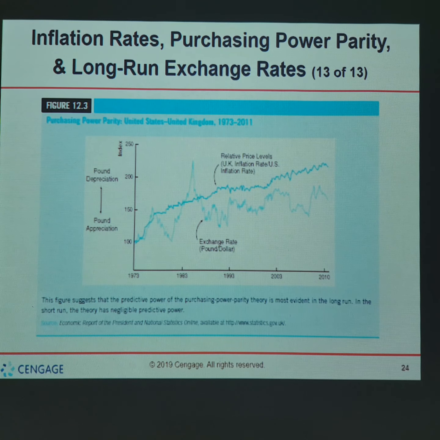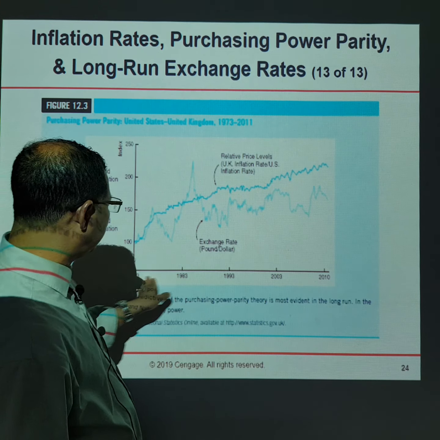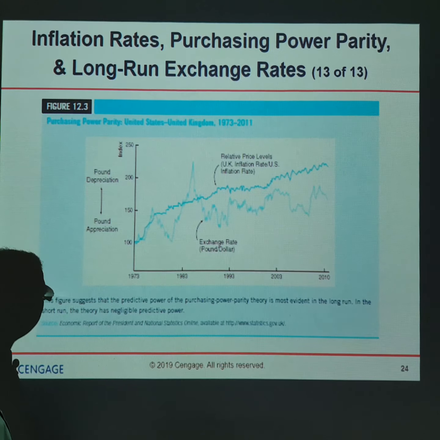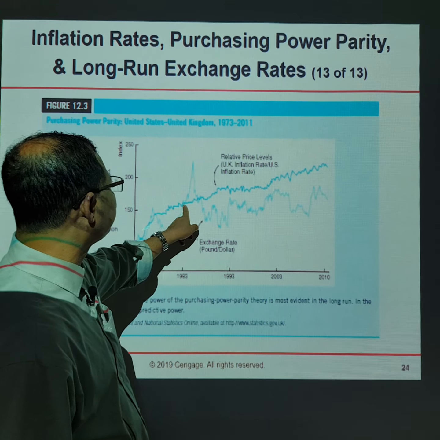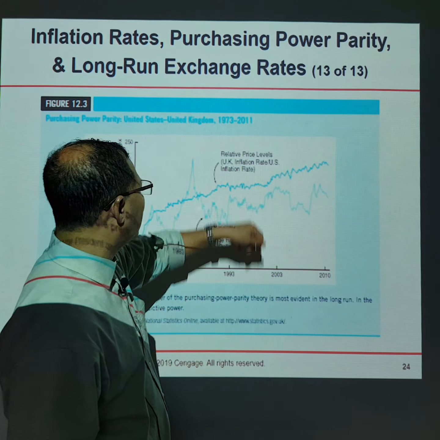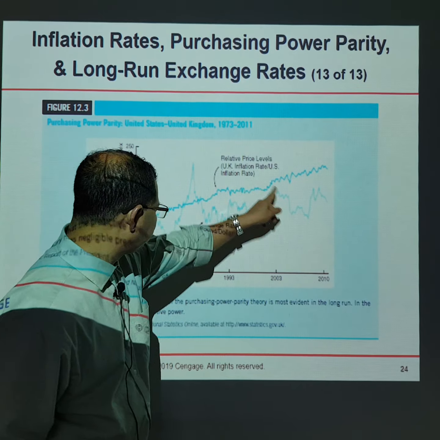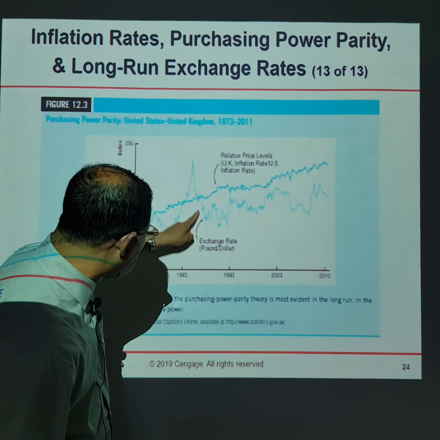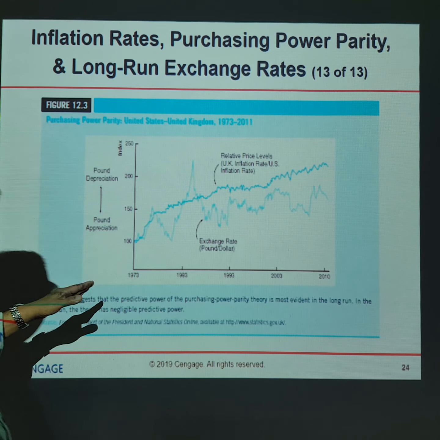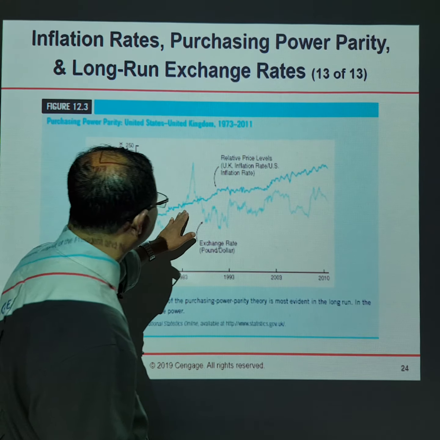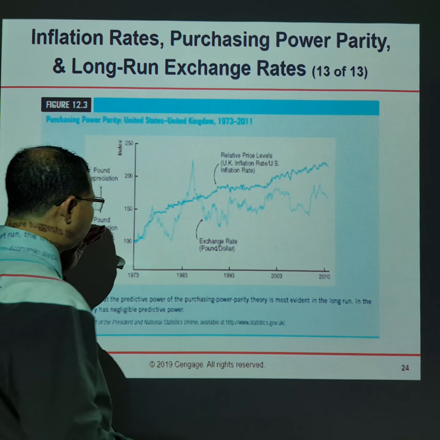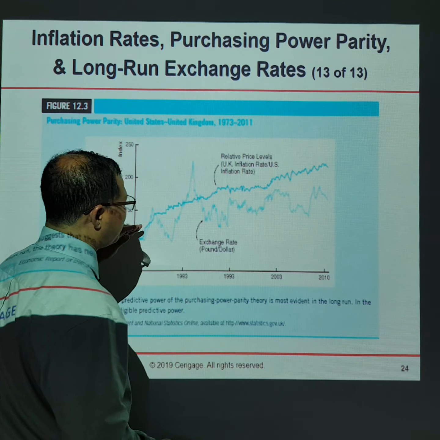So we have here appreciation and depreciation. And we have here price level, UK inflation rates against US inflation rates. This is the exchange rate, pounds per dollar. Supposedly, the exchange rate should follow the relative price level.